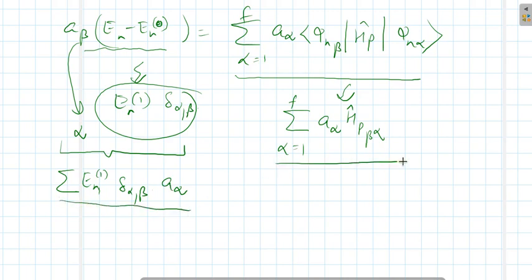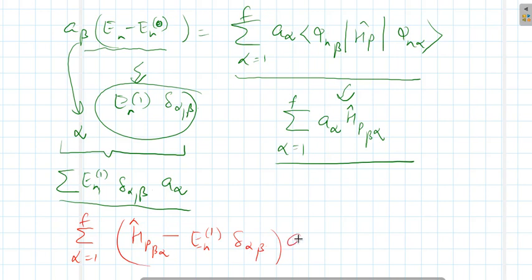So these equations can be rewritten as summation alpha varies from 1 to f, bringing these to one side, HP beta alpha minus En1 delta alpha beta, with A alpha taken outside, and let me call it equation number 0, where beta varies from 1 up to f, right? So that's what we are getting.